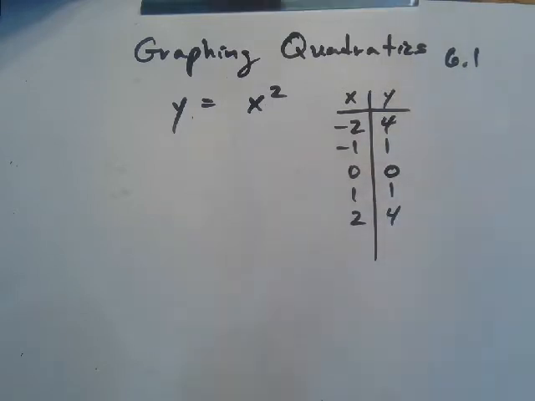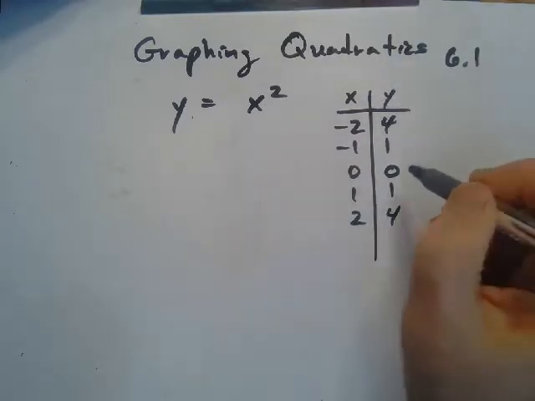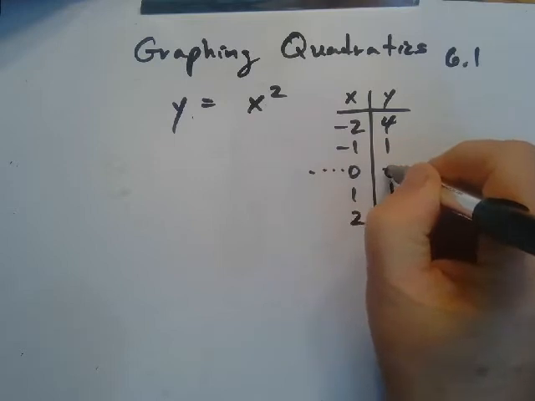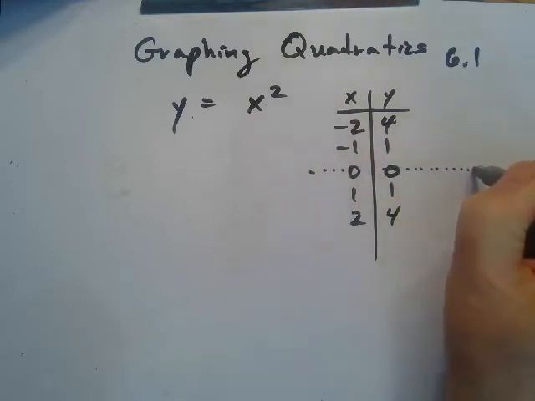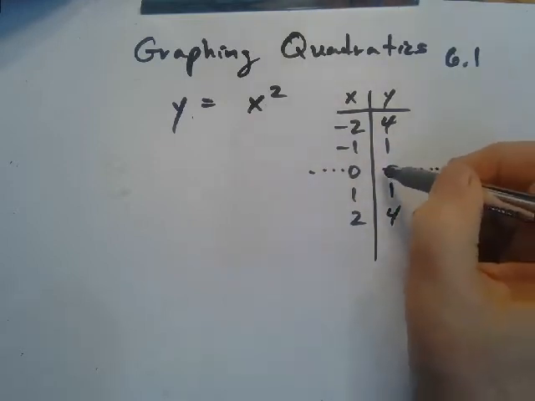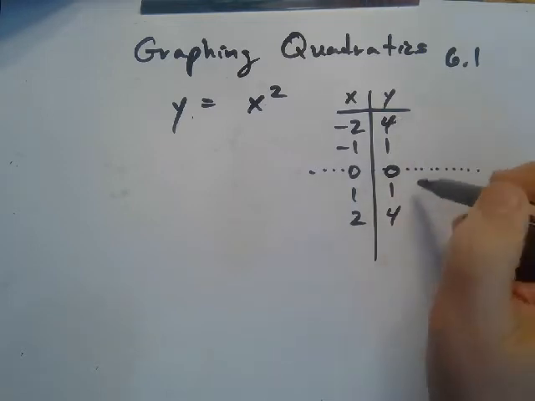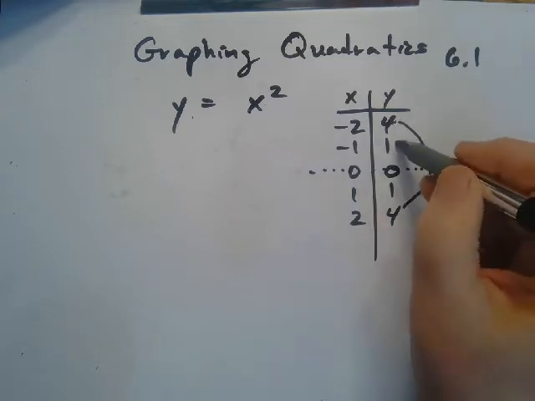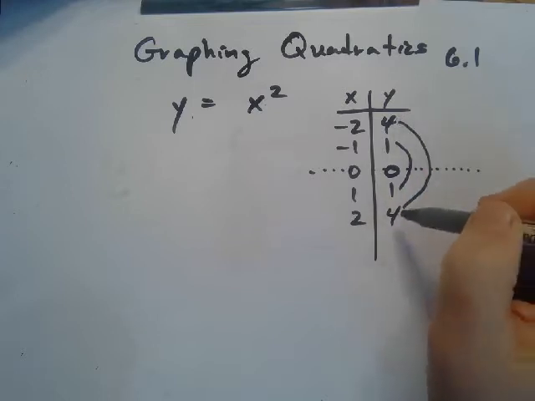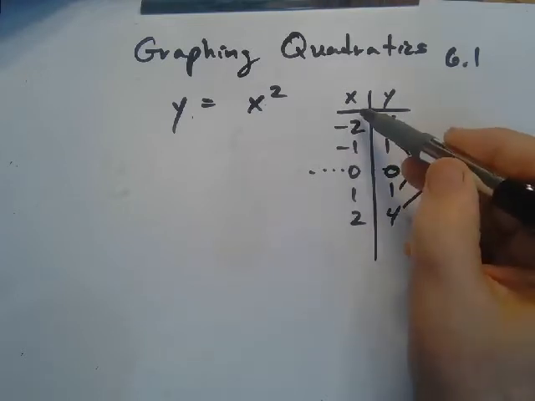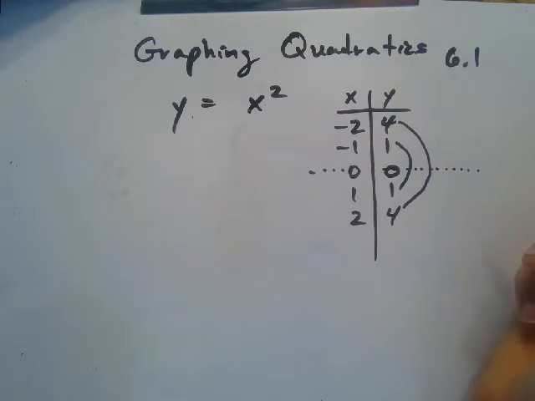And what you'll notice here is that there is a symmetry to these graphs. In this particular graph, I picked 0. I knew that 0 was going to be the center of my graph, and there's going to be a symmetry in these numbers if the values you picked for x are symmetrical as well.